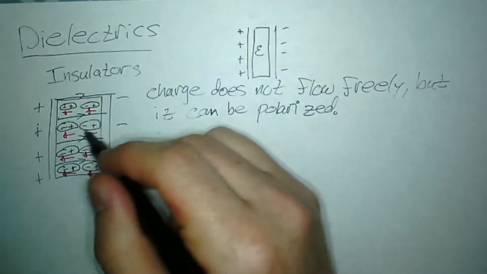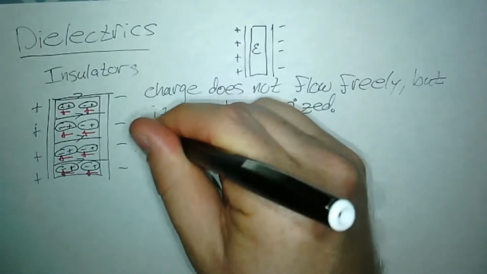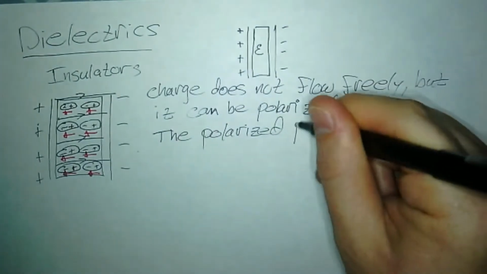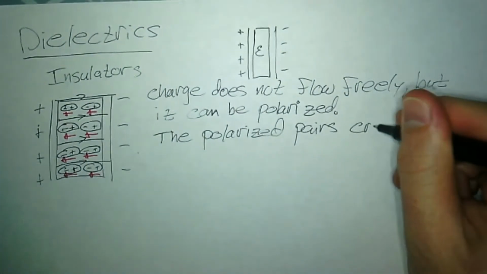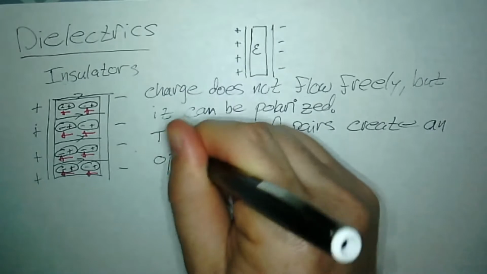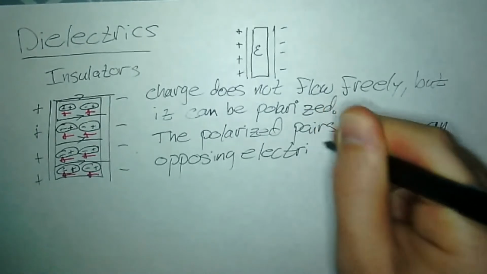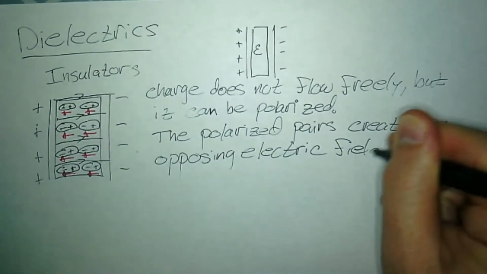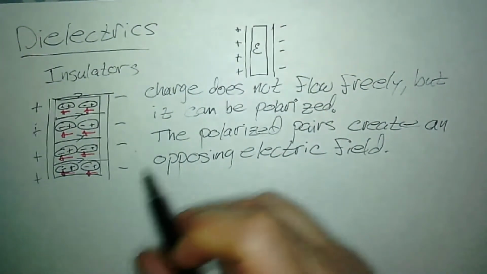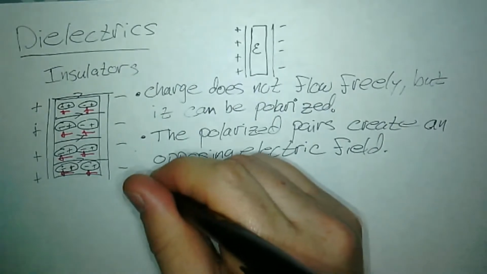I'm not sure what the name for these is offhand, but I'm going to just call them polarized pairs for now. So the polarized pairs create an opposing electric field, and so this has the effect of weakening the overall electric field in the center, inside the dielectric.